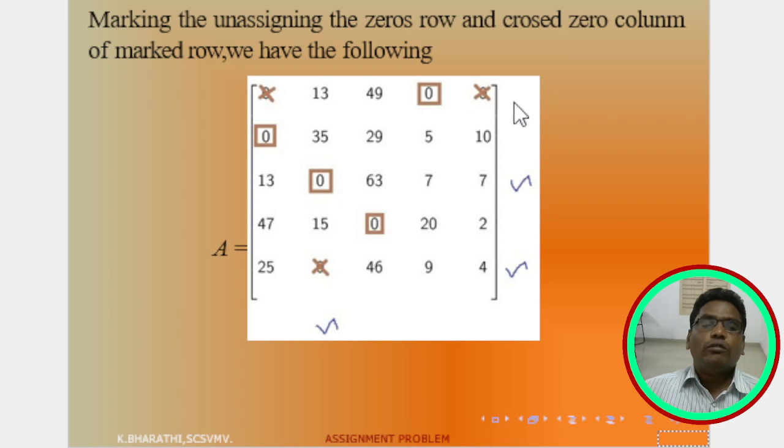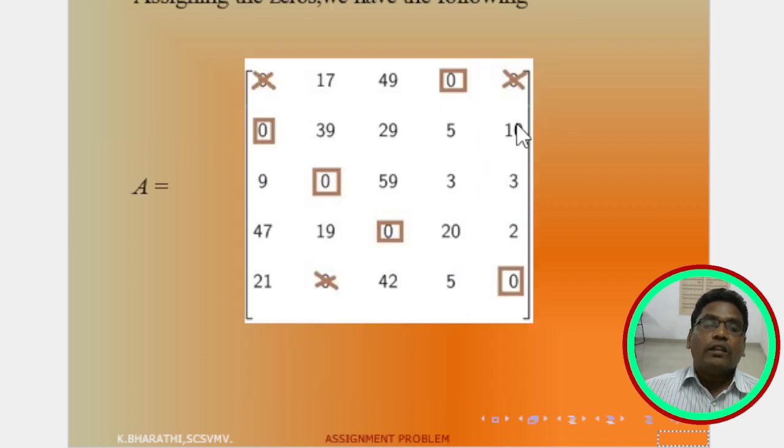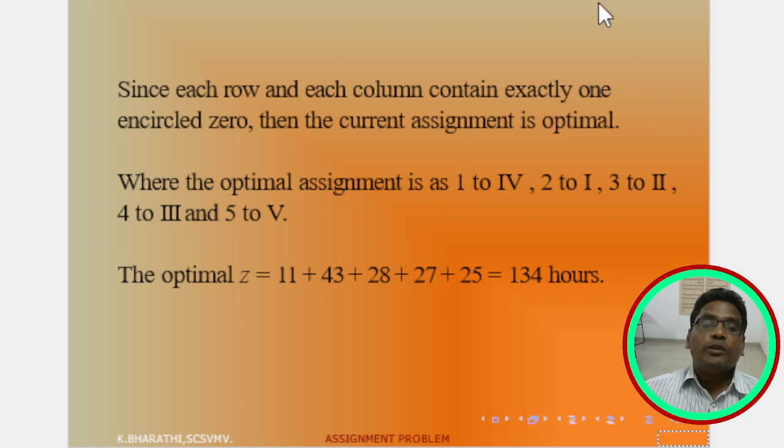So we use the principles of drawing the lines to get the reduced matrix. Now making the assignments to obtain an equal number of assignments, here we got an equal number of assignments in each row and each column. So we get the optimal solution.